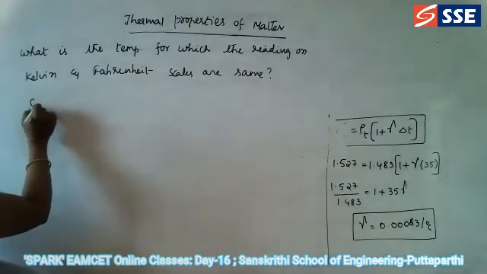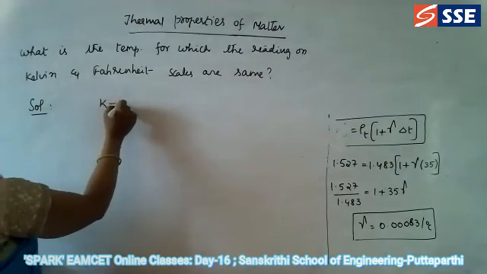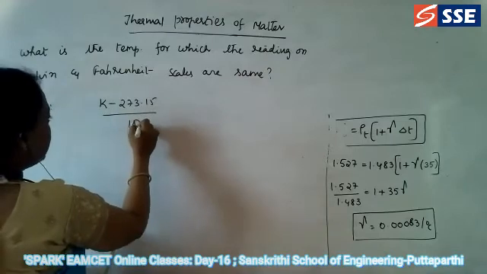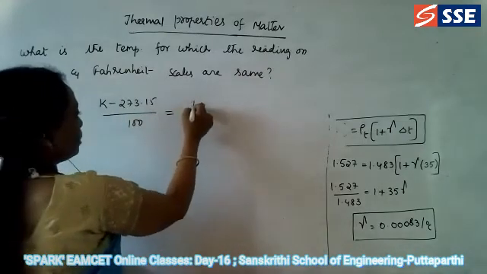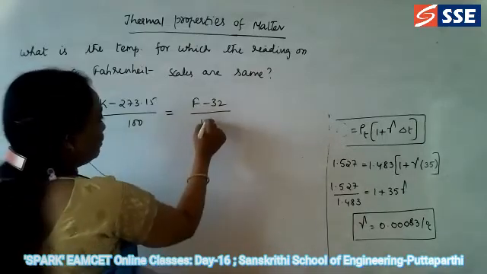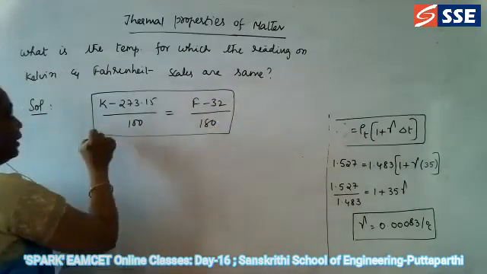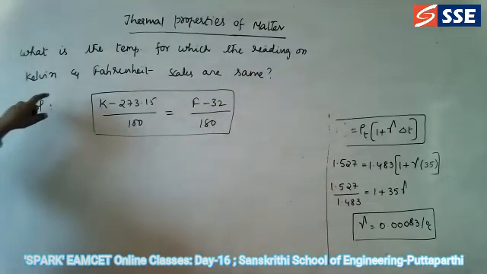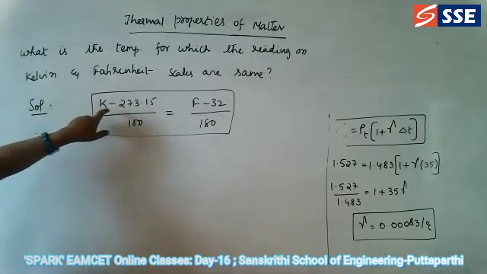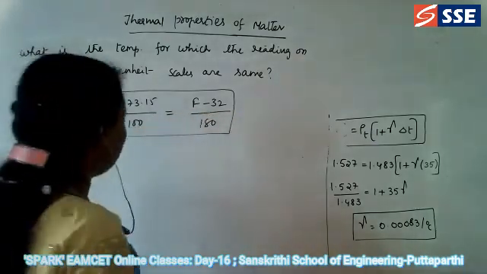So this is the solution. The formula is K minus 273.15 by 100 in Kelvin, which is converted into Fahrenheit by F minus 32 by 180. So this is the formula we have to use to calculate the temperature in case of Kelvin and Fahrenheit, write the formula. K minus 273.15 by 100 is equal to F minus 32 by 180.